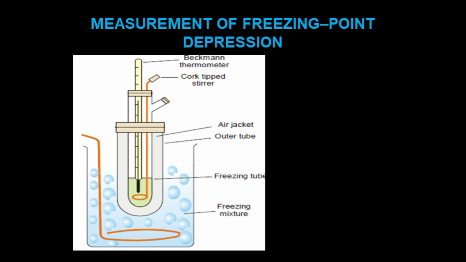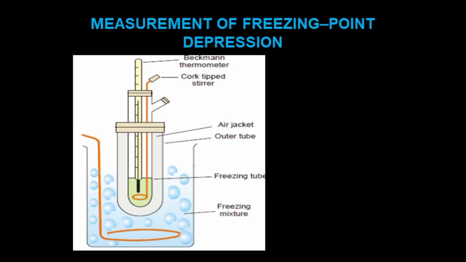This depression of freezing point has an important application in industry. When we want to reduce the freezing point of some substances, we have to add some solute to them. If we want to reduce the freezing point of the substance to a much lower value, we have to add a solute with higher molecular weight.